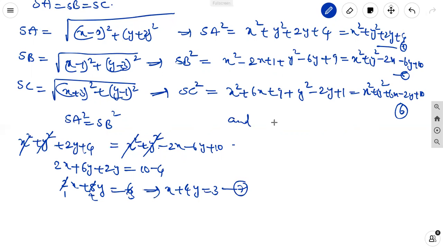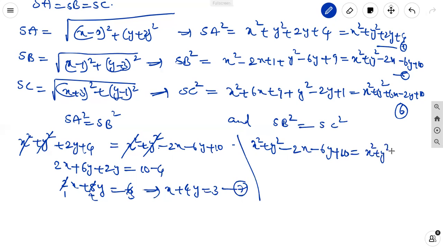And the same relation, SB square equal to SC square. SB square is x square plus y square minus 2x minus 6y plus 10 equal to x square plus y square plus 6x minus 2y plus 10. X square, y square get cancelled.